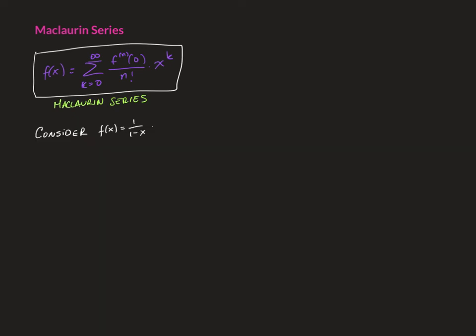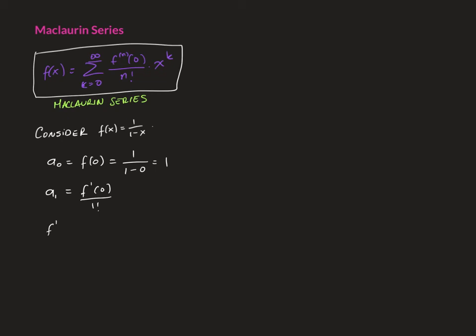So let's consider the function f of x equals 1 over 1 minus x. And in order to find the coefficients, we know we need to find the derivatives of this function and evaluate them at 0, except for the first term that we can find by substituting 0 into the expression. So that is going to be 1 over 1 minus 0, and we know that that is 1. For a1 it is going to be the first derivative evaluated at 0 divided by 1 factorial.